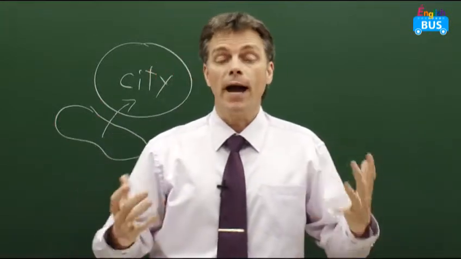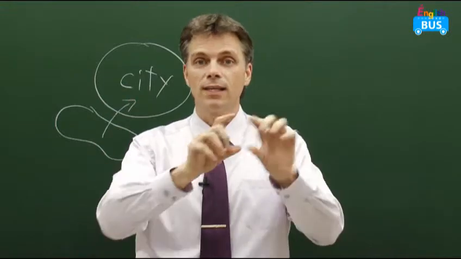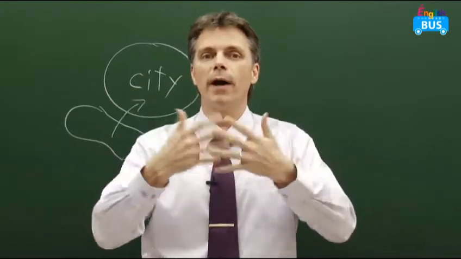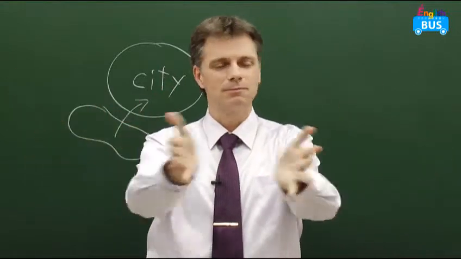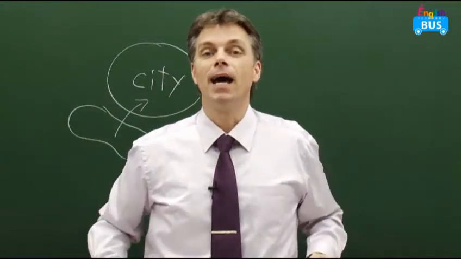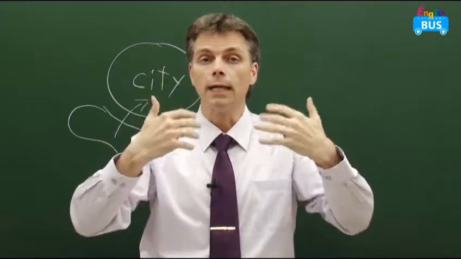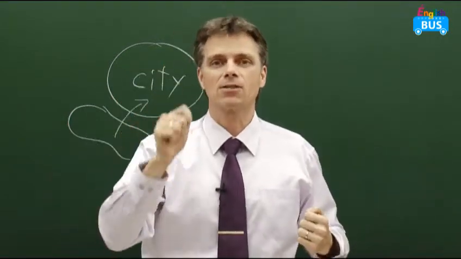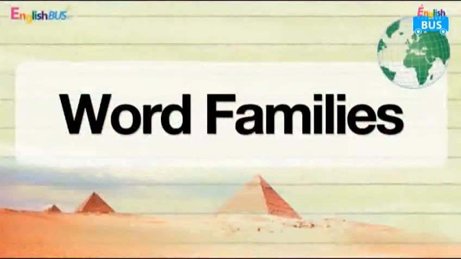So now, the power verbs. You are making sentences with the key words and other words. With the power verbs, you can make sentences and start speaking English. Congratulations. Now, try it yourself, and when you're ready, come back. We'll look at the next thing, which are the word families.